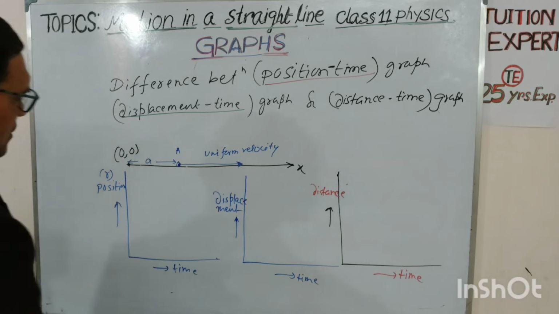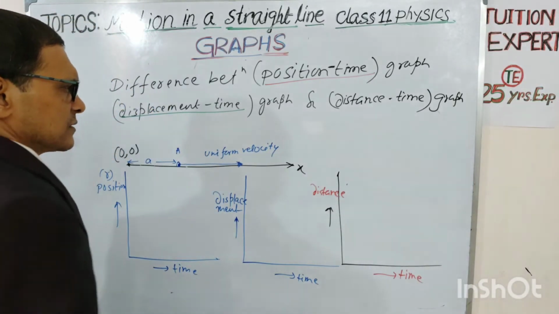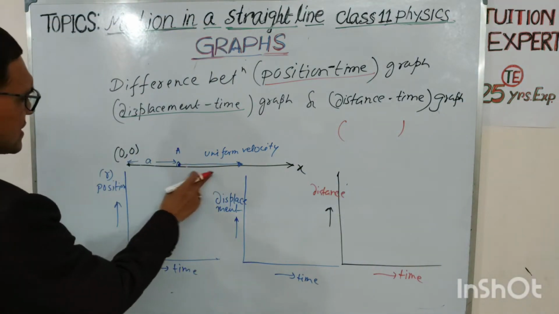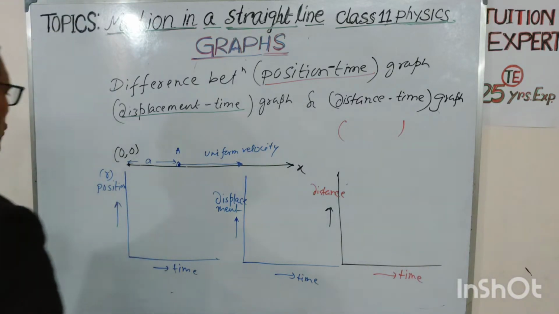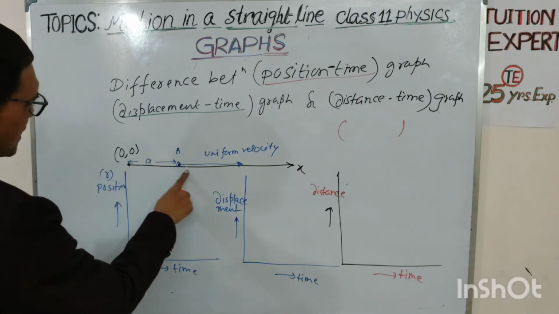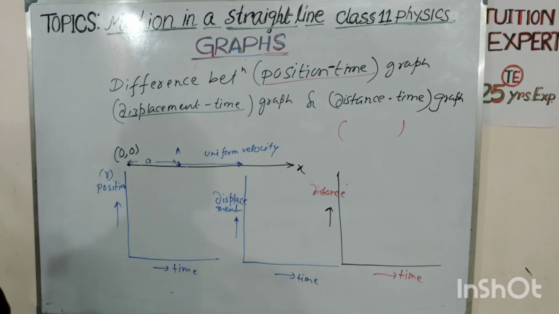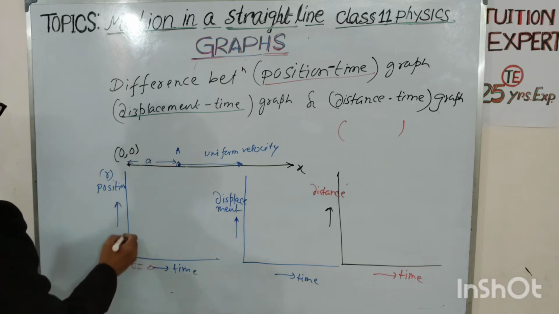Now, how do we draw the graph? You calculate the time and the distance from the origin. The position means its coordinate on the x-axis. So at time t equal to 0, the coordinate is a.